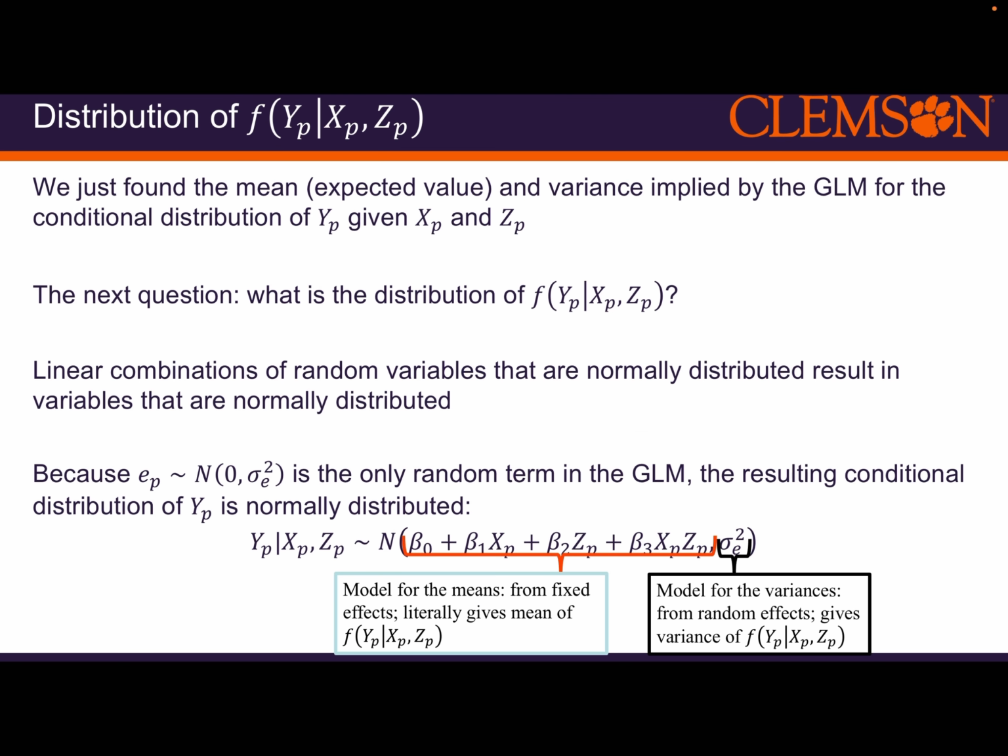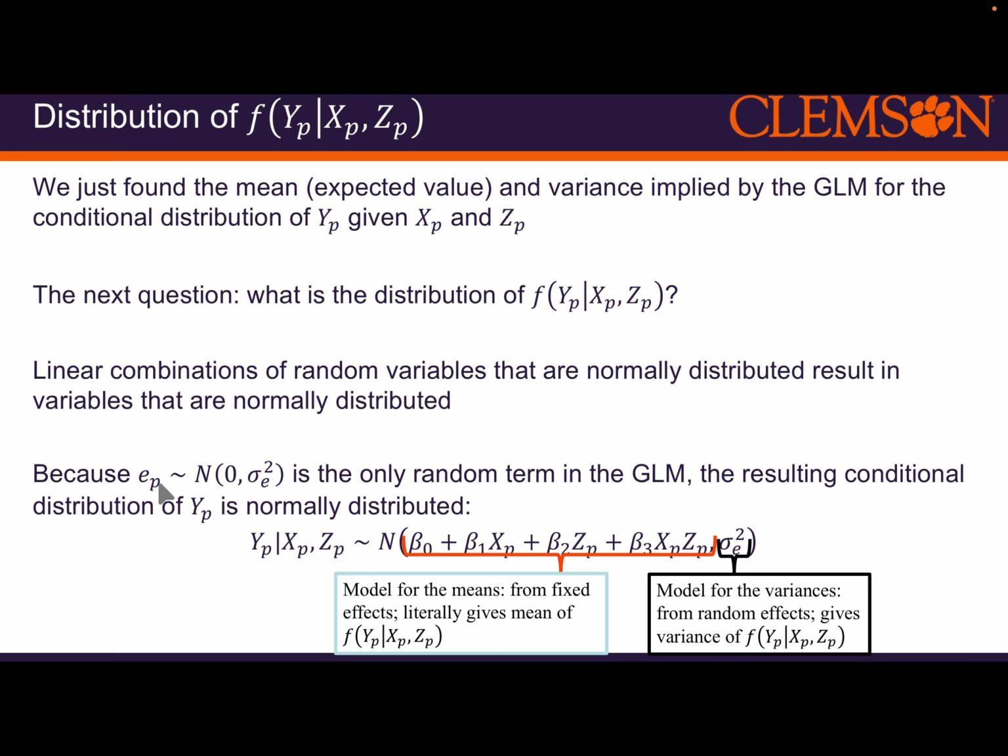Now, what's the distribution of y? We just found the mean, the expected value, and the variance for the conditional distribution of y given x and z. But what is the type of distribution? It turns out linear combinations of random variables that are normally distributed also result in random variables that are normally distributed.